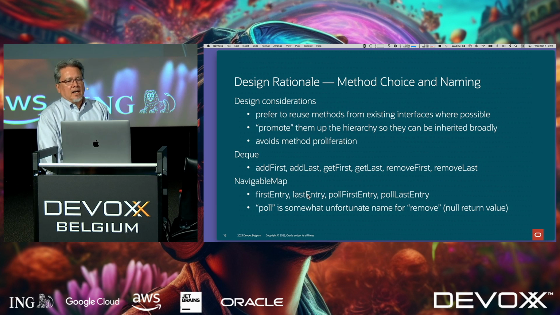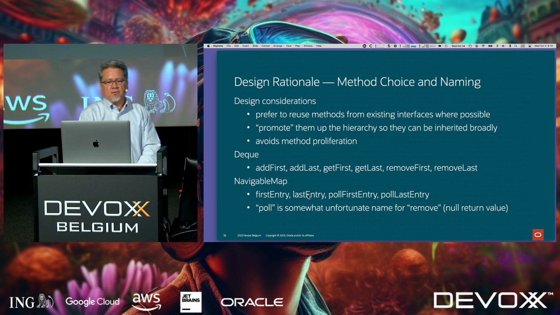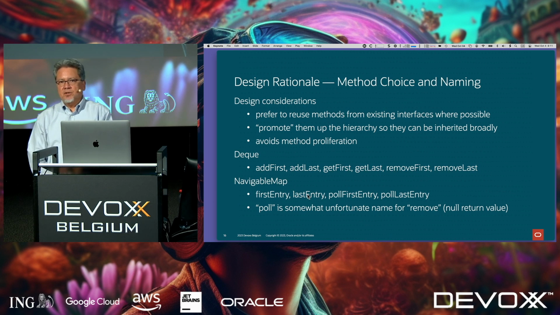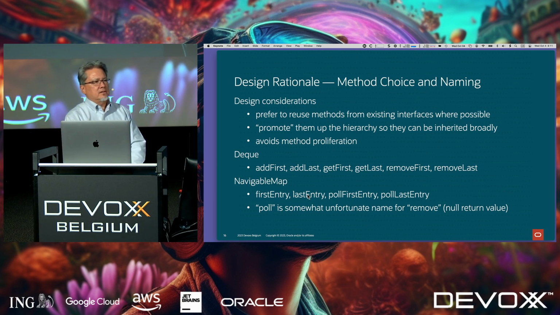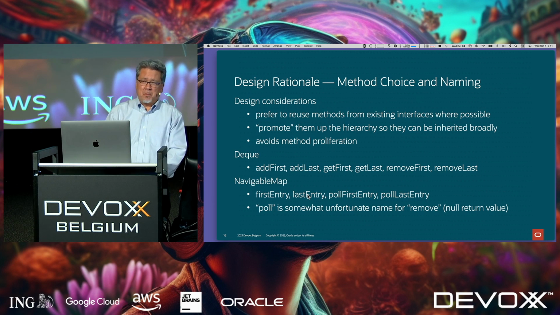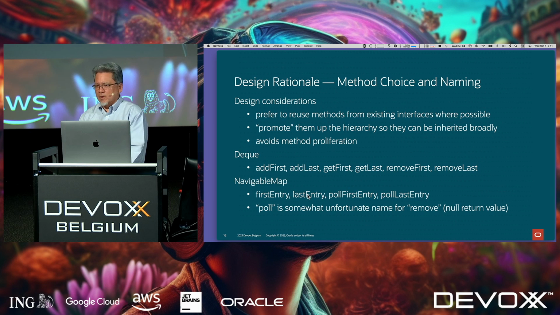I think I mentioned this a little bit before, but I wasn't explicit about this. One of the things that I've tried to do very strongly in this design is to make sure to reuse methods from existing interfaces. I think there are some comments like, oh, you should have named this differently, especially the poll methods. I mean, the poll methods really are rather odd.